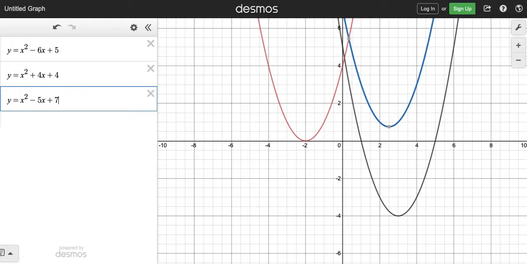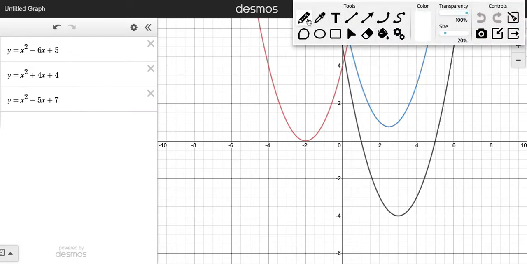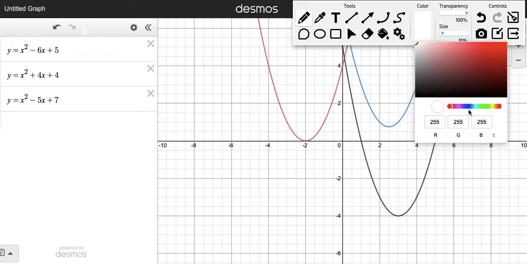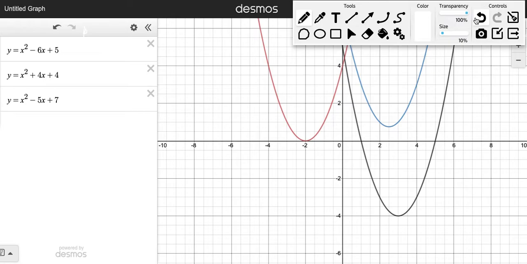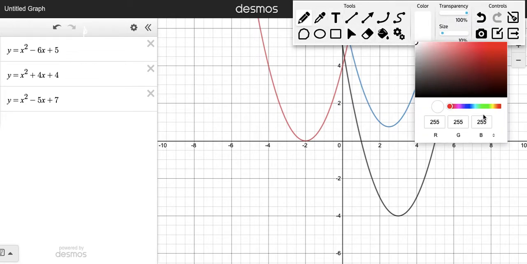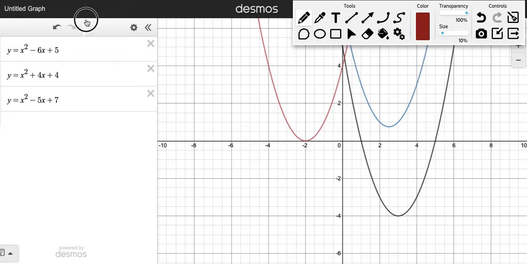So what we are going to do right now is check what b squared minus 4ac is for each one. So let's say for this one, b squared minus 4ac.